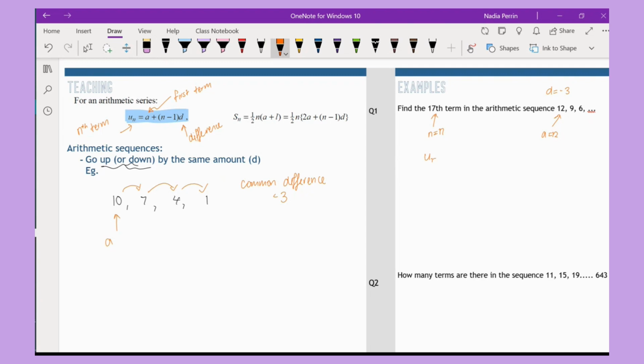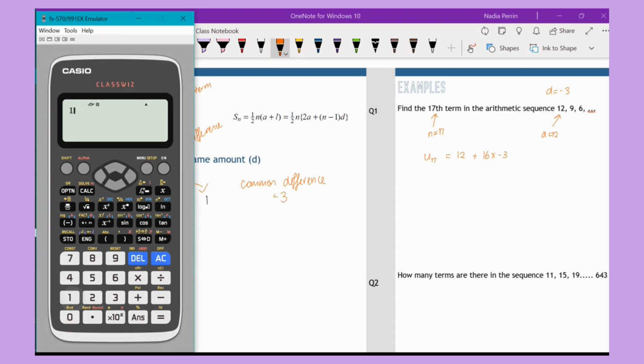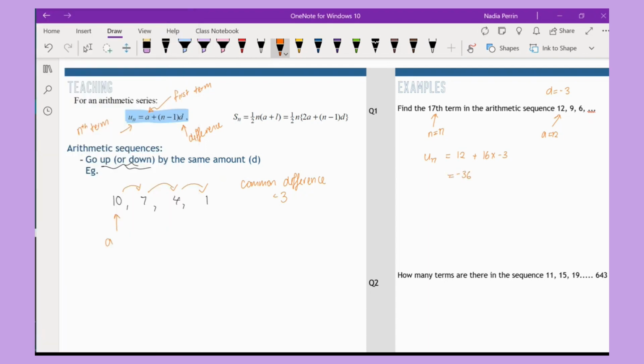So the 17th term, U17, should equal A, the first term, plus N minus 1, so 17 minus 1, lots of -3. And then I just chuck that on my calculator. And I get my answer, -36. Which is a lot quicker than writing out the numbers.